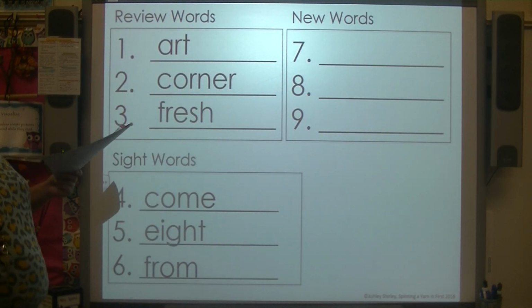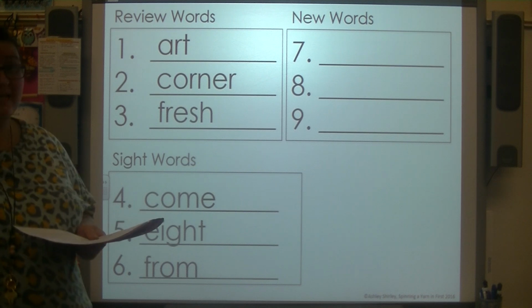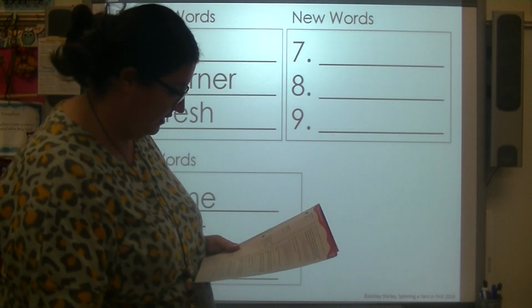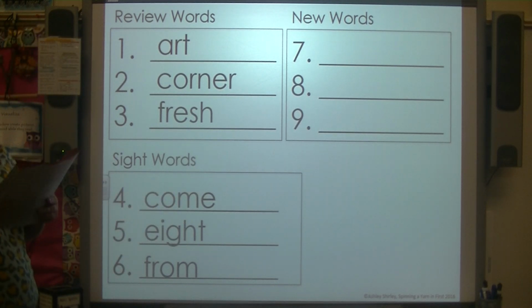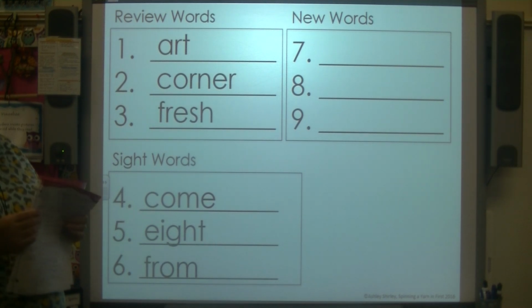All right, let's practice spelling with these 2 new sounds of OR. Finger on number 7. Number 7. Let's spell worm. Worm.